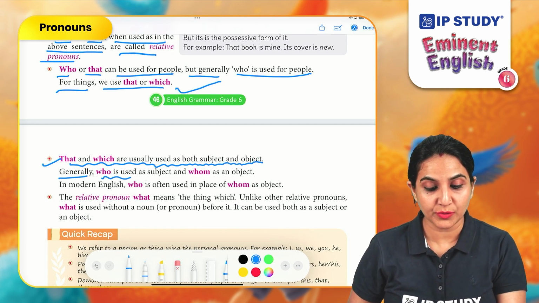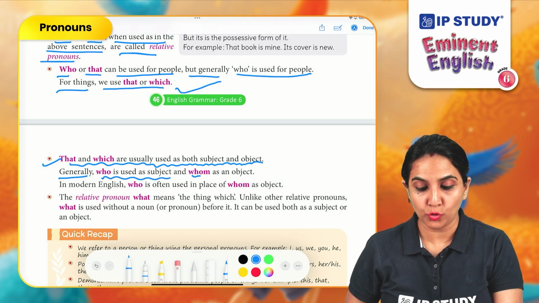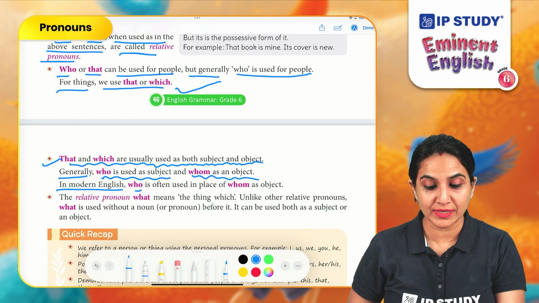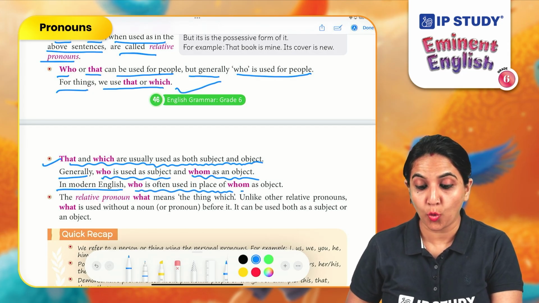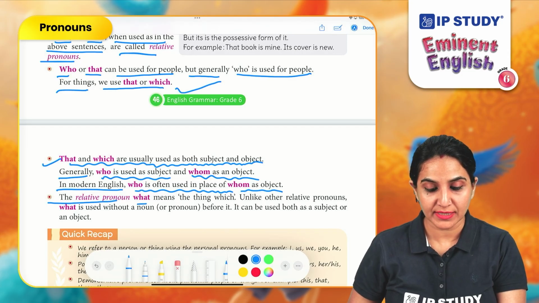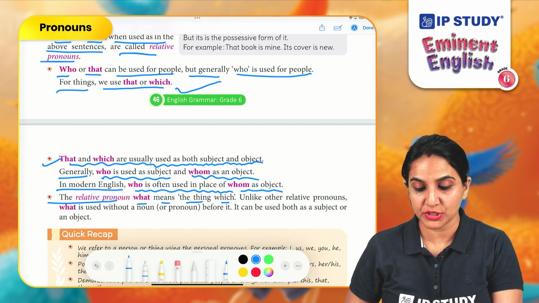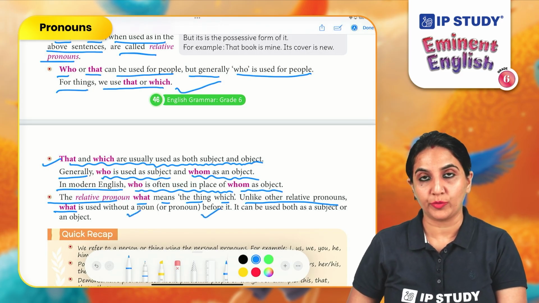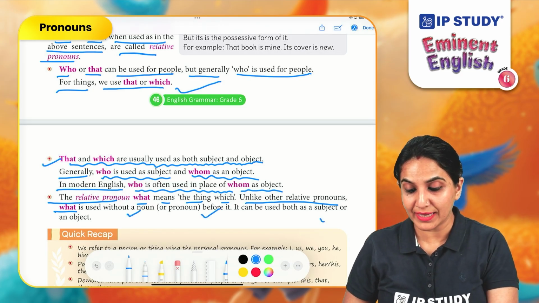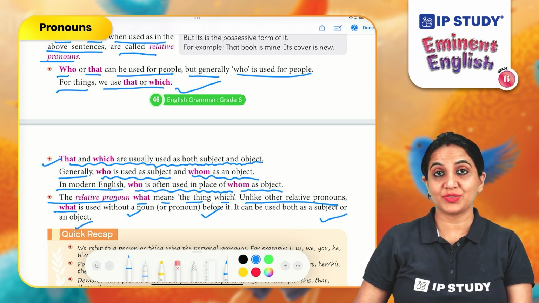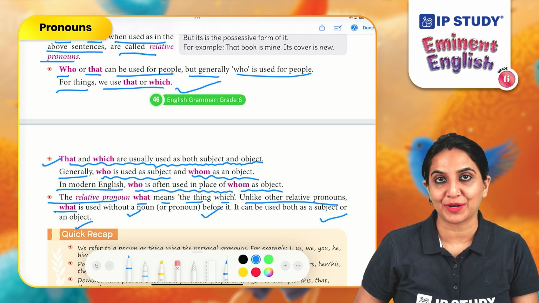Generally, who is used as subject and whom is used as an object. In modern English, who is often used in place of whom as object. And the relative pronoun what means the thing which. Unlike other relative pronouns, what is used without a noun or a pronoun before it. It can be used as a subject or an object. So this is how you use relative pronouns.